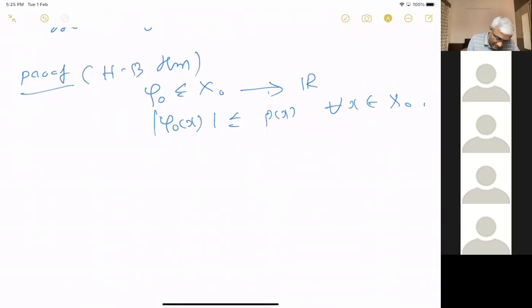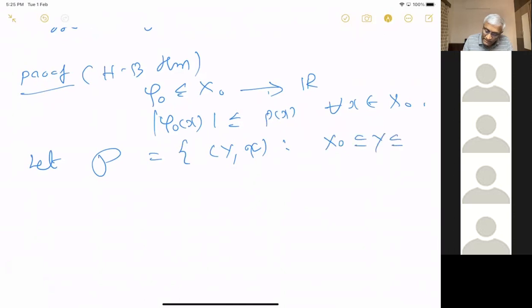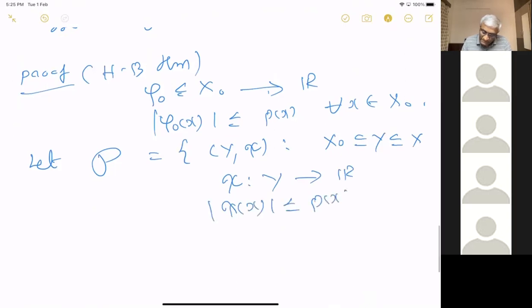Okay, so let rho equal the set of all pairs (y, chi), where y is a subspace, so x naught is contained in y, contained in x, and chi is from y to R and satisfies chi(x) less than or equal to p(x), and restricted to x naught it equals the original phi naught.